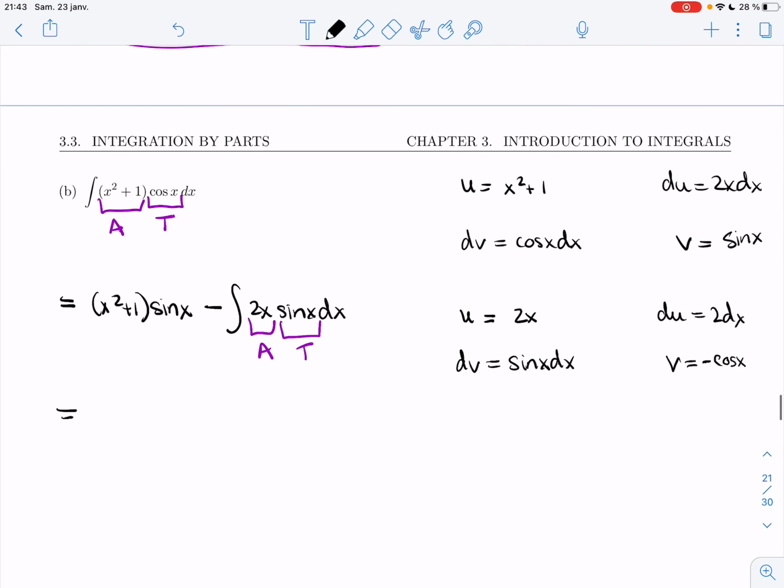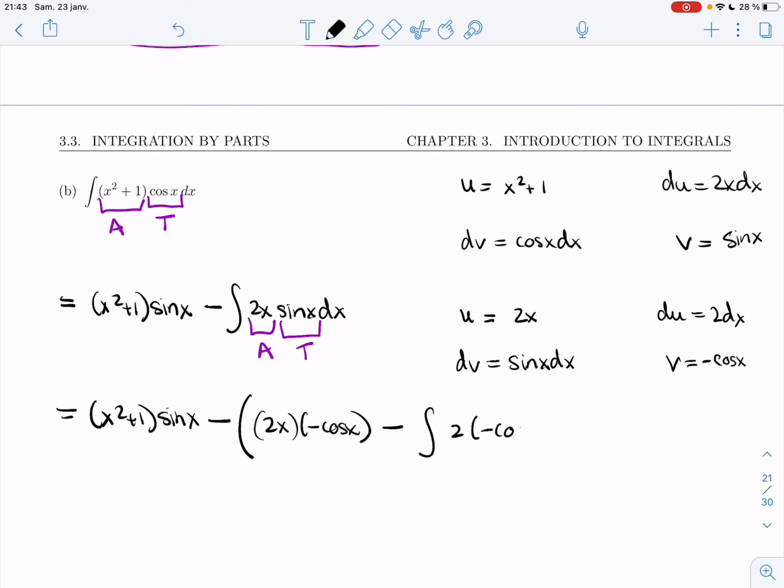All right, so I'm going to take this product. So I'm going to take 2x times minus cos of x, and I'm going to subtract this integral. So subtract the integral of 2 times minus cos of x dx.